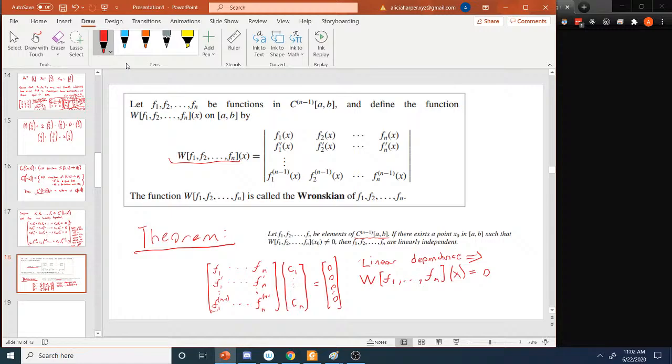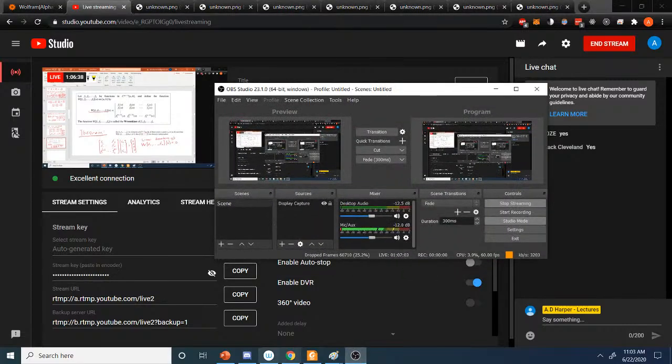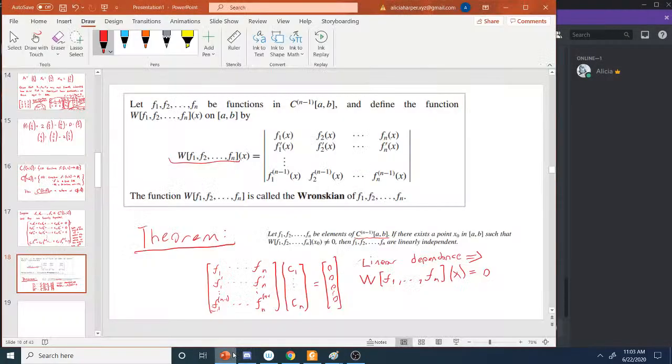And so if the Wronskian is ever non-zero, we're able to conclude things in the reverse direction, which is that our original set of functions have to be linearly independent. So this is a very useful tool. So let me indicate some other facts about this.